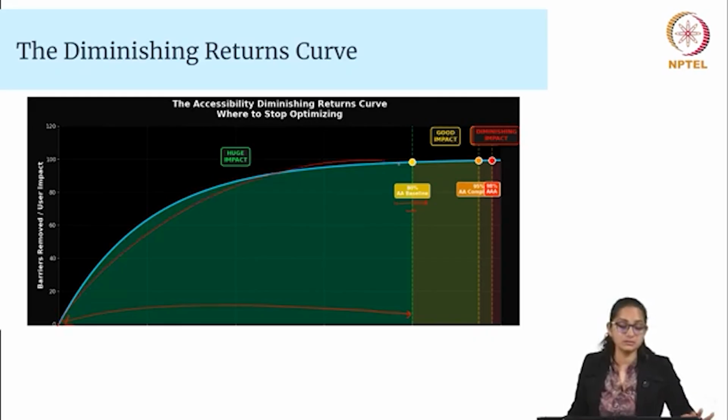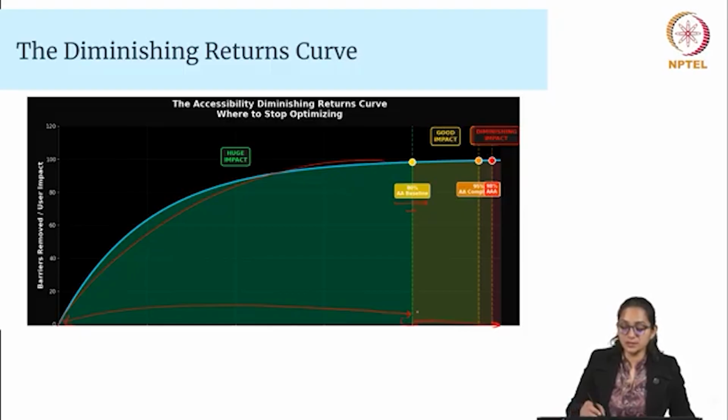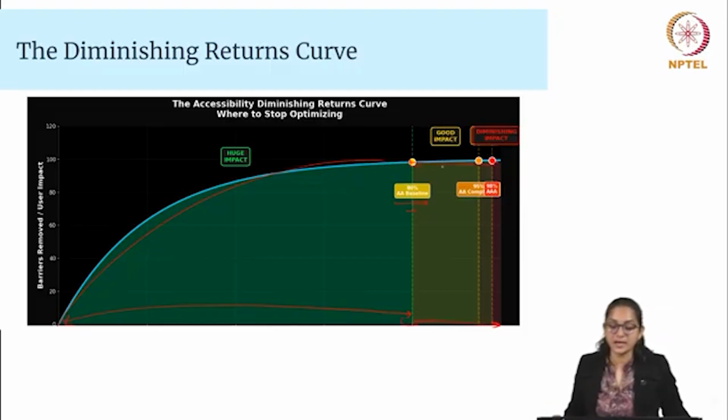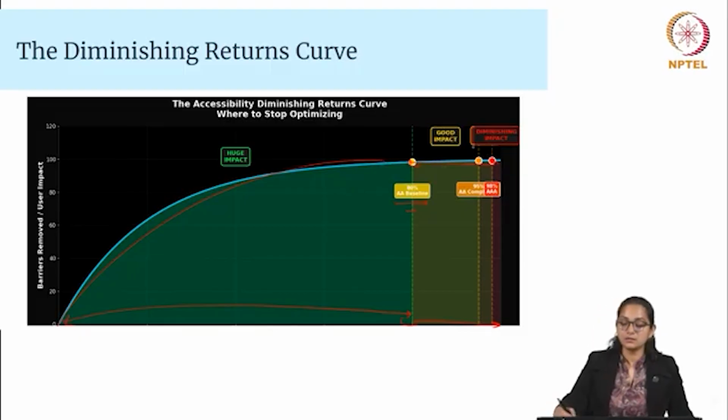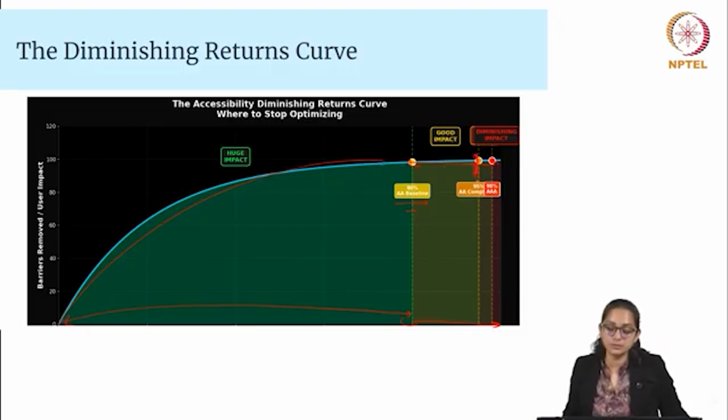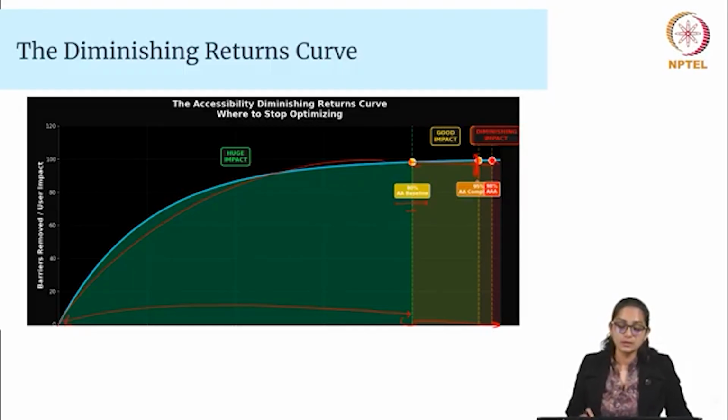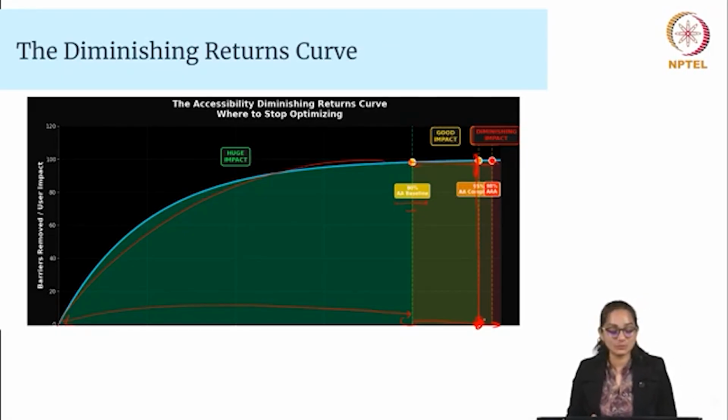Barriers are removed, users receive huge impact, for the time, effort, and money required. Then you can keep increasing, but the impact is not as high, diminishing impact. By 95%, we'll be able to achieve double A compliance. That gives us a good idea of where to stop in our attempt to make our product accessible.